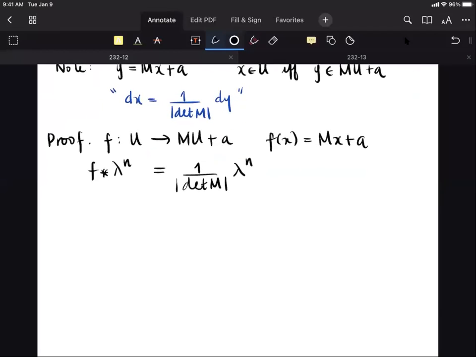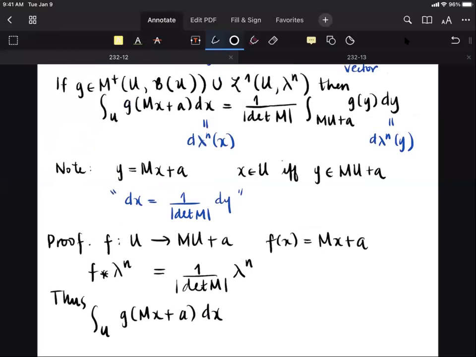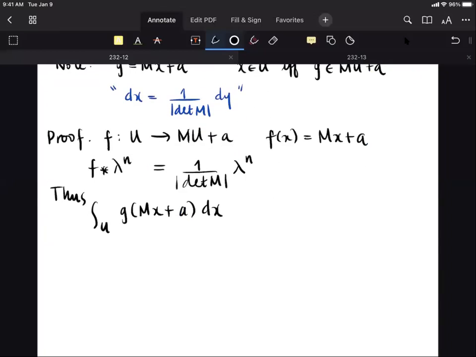Okay, so according to this, let us start with the left hand side, and we wish to show that this is the same as the right hand side. Emphasizing the Lebesgue-Borel measure and taking note that f is Mx plus A, we have this d lambda n x.